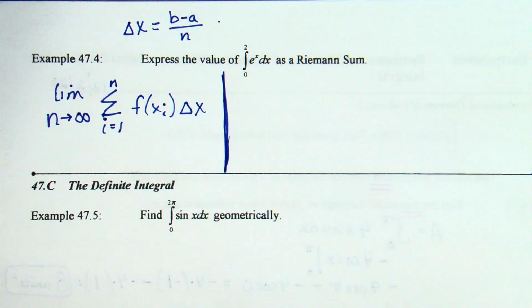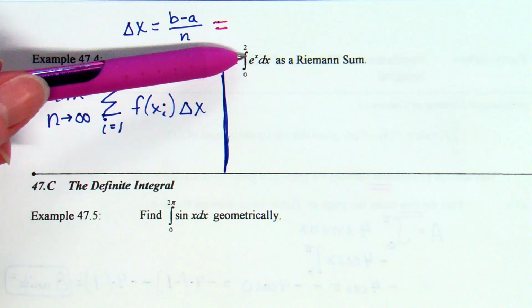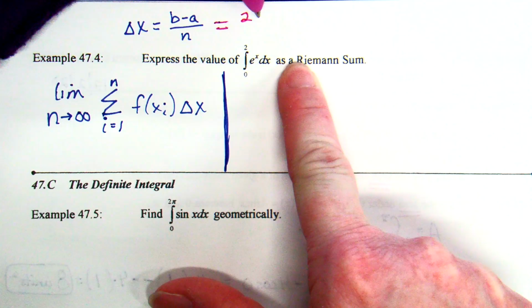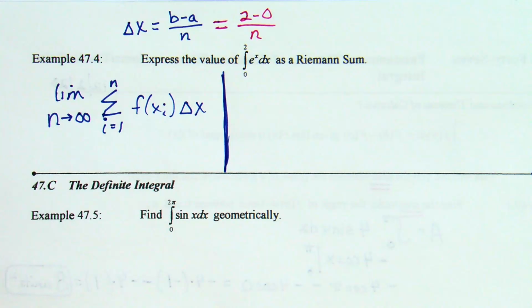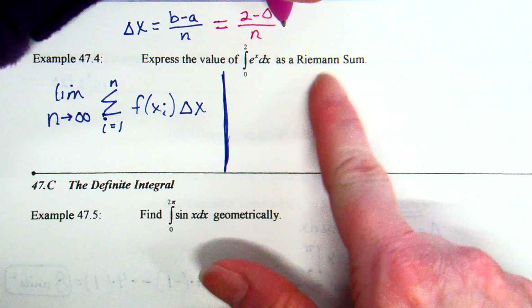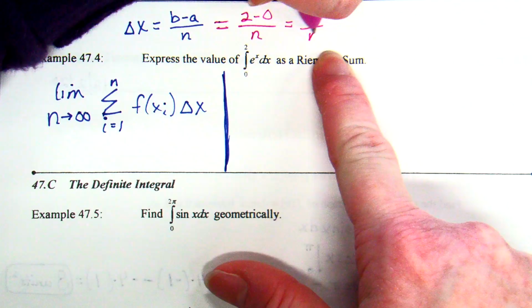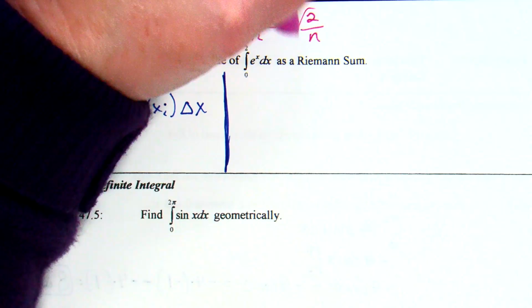In this case, as you look at the example, what do you think my b and a are? 2 and 0. So it's 2 minus 0, divided by n, because we don't know how many intervals. And so my delta x here is 2 over n.